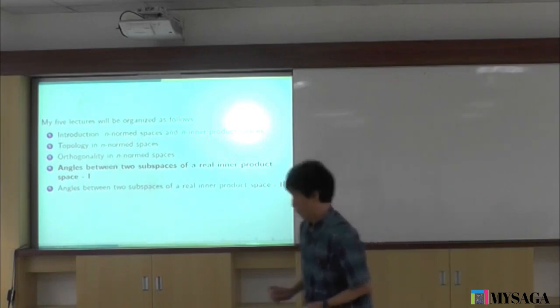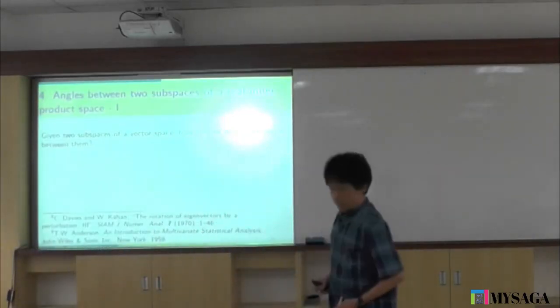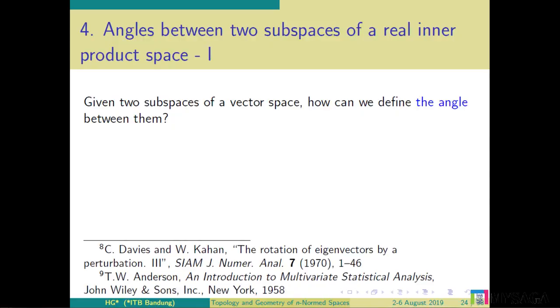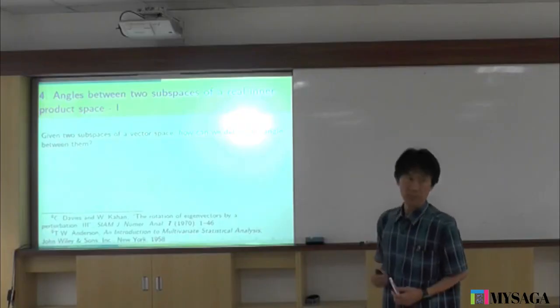Now, in general, given two subspaces of a vector space usually equipped with an inner product, how can we define the angle between them? So this is the question.